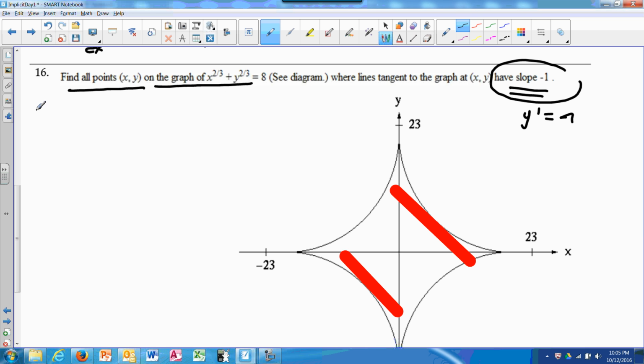So, using the power rule, the derivative of x to the 2/3 is 2/3 x to the negative 1/3. The derivative of y to the 2/3 is 2/3 y to the negative 1/3 times dy dx. The derivative of 8 is 0.